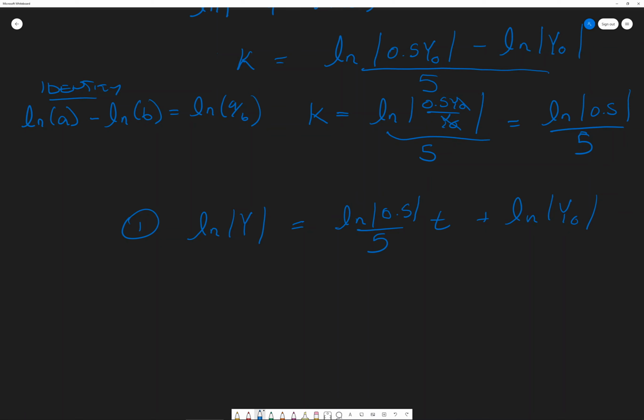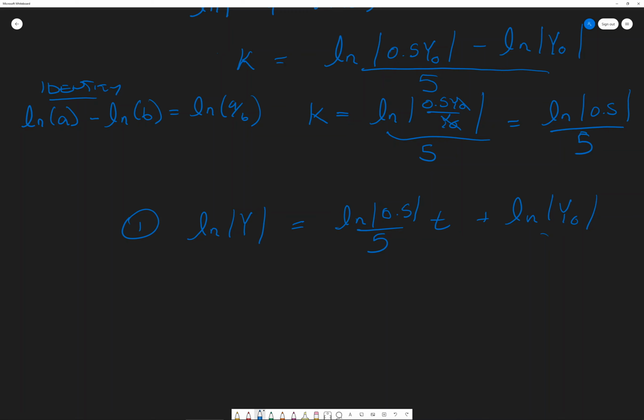when will the laundry be practically dry? That's a time in minutes, right? So what we need to do is solve for t here. In order to solve for t, we need to bring this ln over to the other side of the equation, multiply by 5, divide by ln of 0.5.